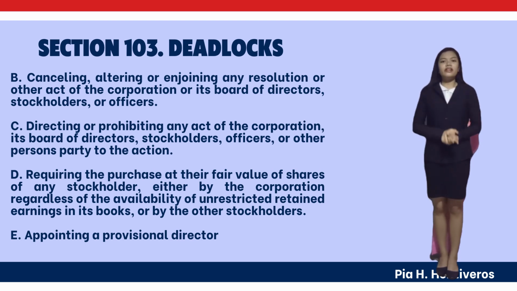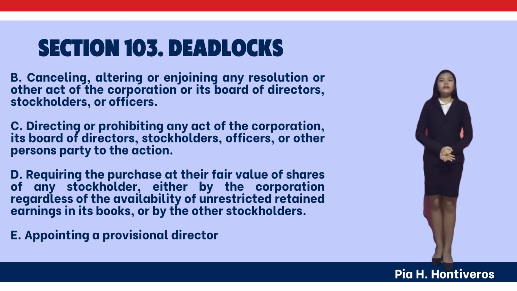Number 3, directing or prohibiting any act of the corporation, its board of directors, stockholders, officers, or other persons party to the action. Number 4, requiring the purchase at their fair value of shares of any stockholder either by the corporation, regardless of the availability of unrestricted retained earnings in its books, or by the other stockholders.